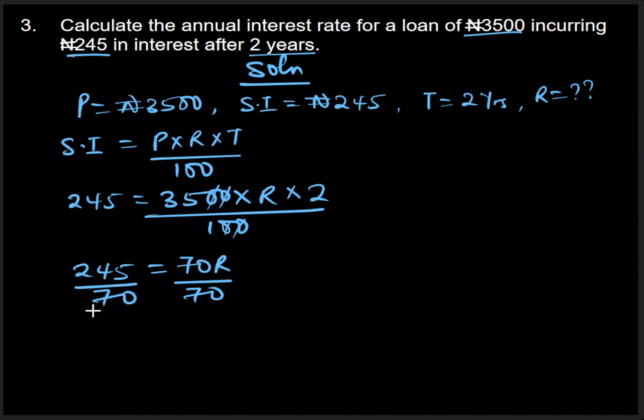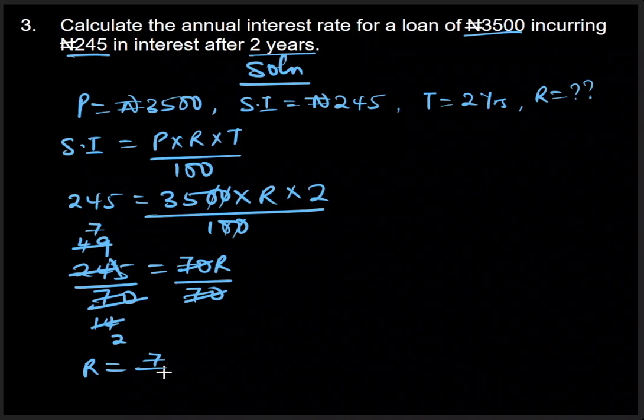That by simple equation. So 70 takes on 70. 5 into 70, that will give us 14. 5 here, will give us 49. Alright, so 7 into 14, 2. 7 into 49, 7. So that means our R equal to 7 all over 2, which is equal to 3 whole number 1 over 2%.